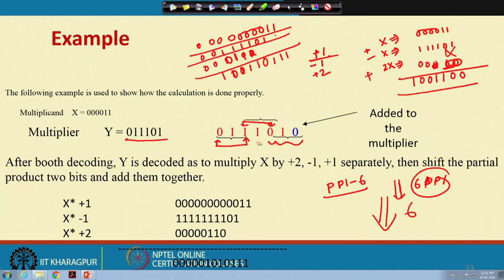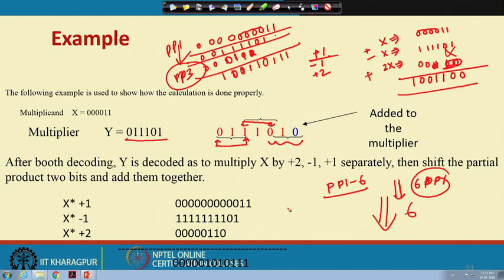But here, as I have used this Booth decoding technique, the partial product set has been reduced to 3 only. So, I can reduce the depth, and whenever I reduce the depth, I can reduce the delay too. But at what particular cost?